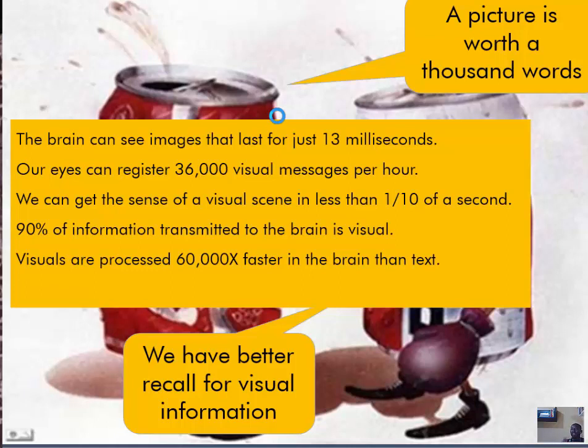And our eyes can register 36,000 visual messages per hour. So it means that we are all visually driven. So if you want to make an impact with your presentation, you must make sure your presentation is visually appealing. I cannot stop emphasizing this because I see a lot of presentations that are boring.